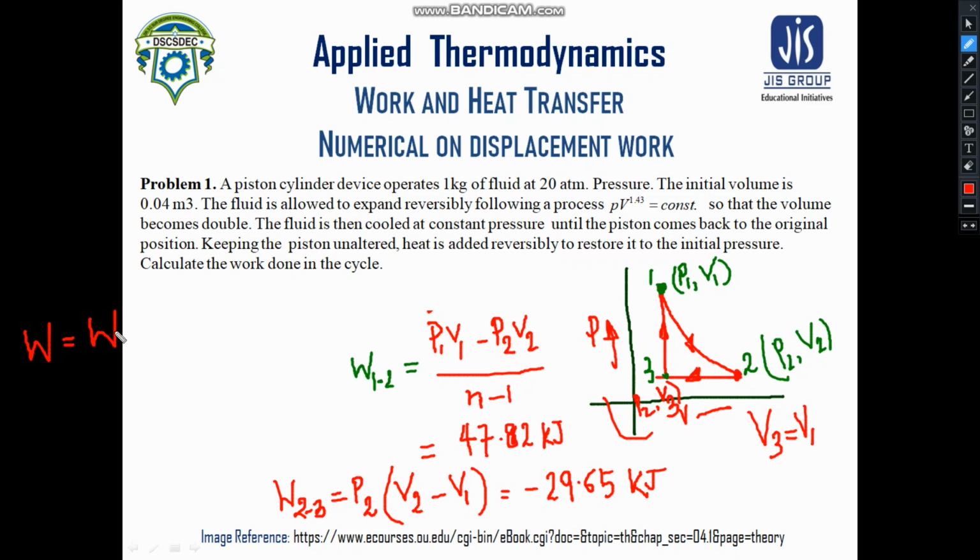So the total work done will be the summation of W1-2 and W2-3. So this is the work done by these two different processes, and the final result will be 18.17 kilojoules. Okay, I hope that you have understood this problem, because this is very simple.